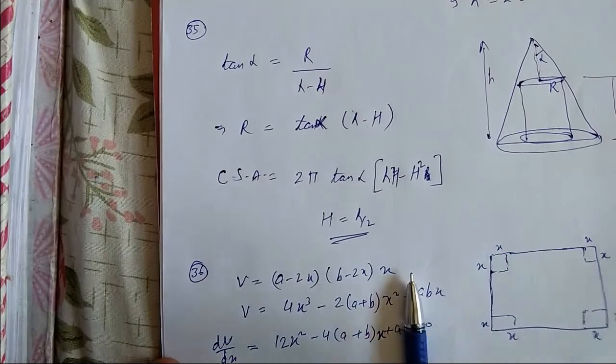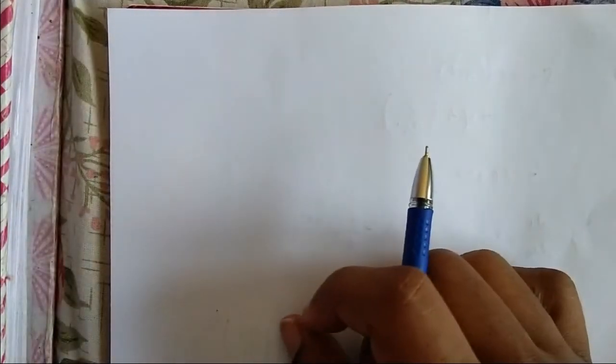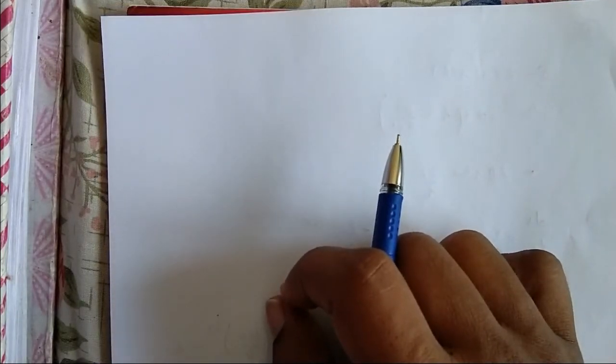Moving on to the next question, question number 37. An open top box of maximum possible volume is to be made from a square piece of side a by this method. It is similar to the above question, it's just that in this question a is equal to b.